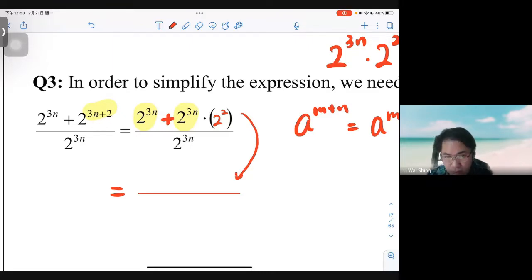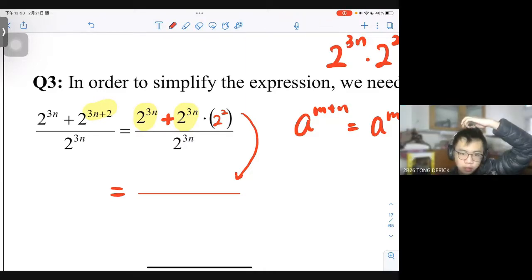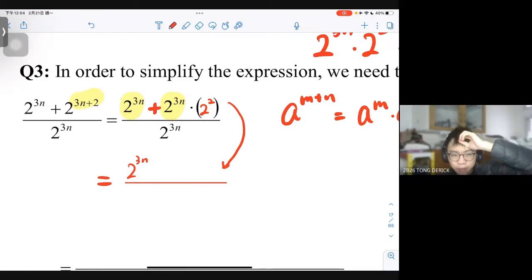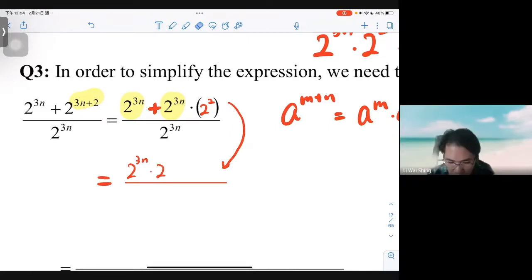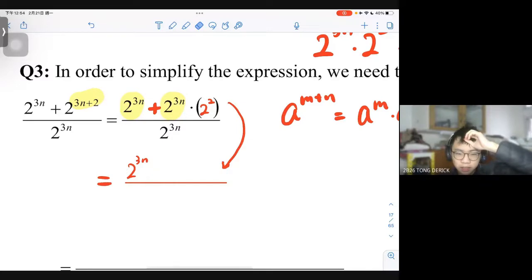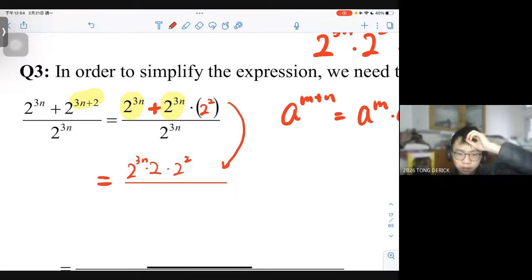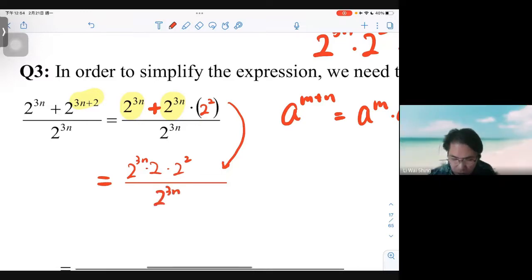What can we do? 2 乘以 2 嘅 3n 次方乘以 2 嘅 2 次方。Done? What have you done? What appears in your mind? 2 乘以 2 嘅 3n 次方，乘以 2 嘅 2 次方。Something like this, right? 係。All right. 2 嘅 3n 次方，下面就係 2 嘅 3n 次方。Okay, so good, quite good.